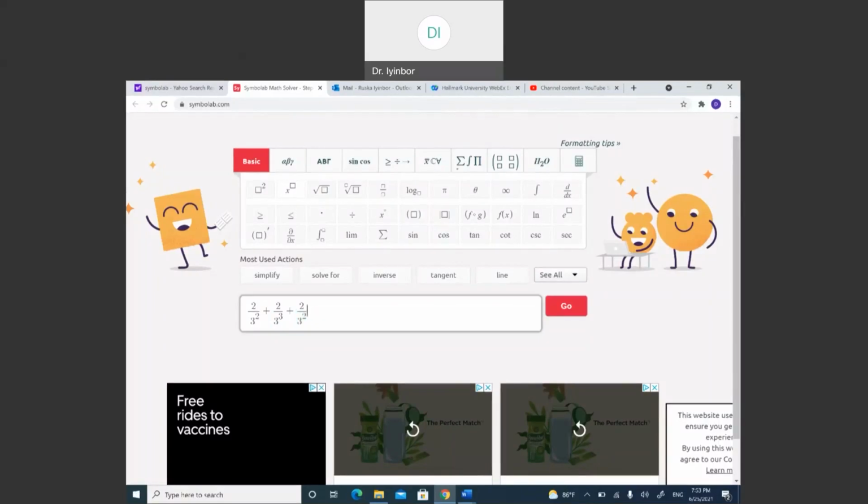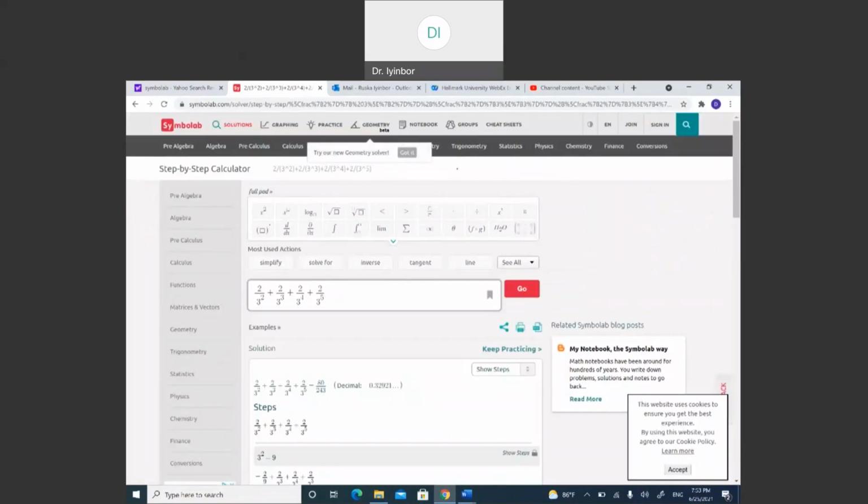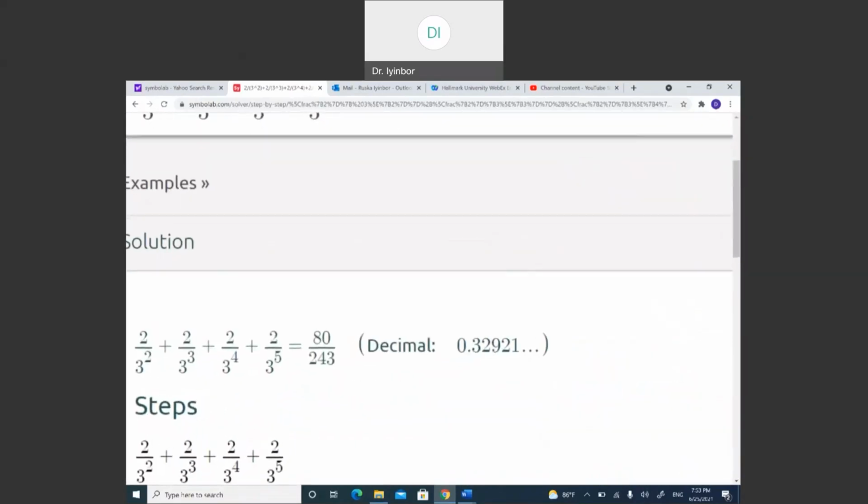Sorry, 4, not 2. And then plus 2 over 3 with exponent 5. So just enter it the way it is. Enter the sum, and then the answer is the fraction 80 over 243.